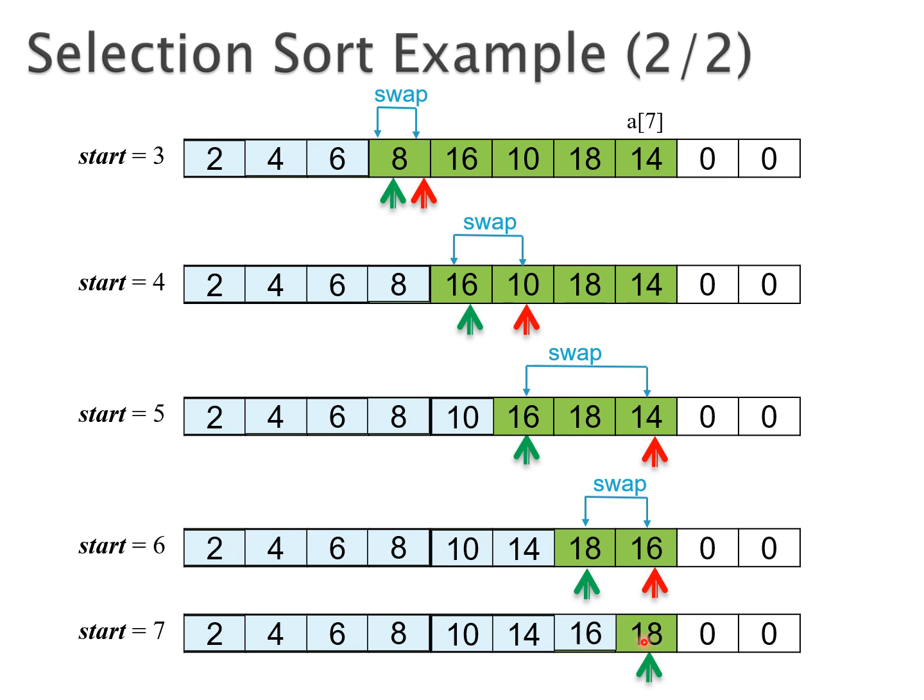So the loop body is not executed when start equals 7, but the last element here is also the largest element in the original array segment. So the array segment from index 0 to index 7, or n minus 1, is now sorted.